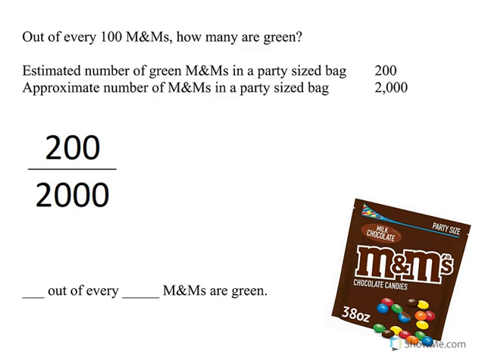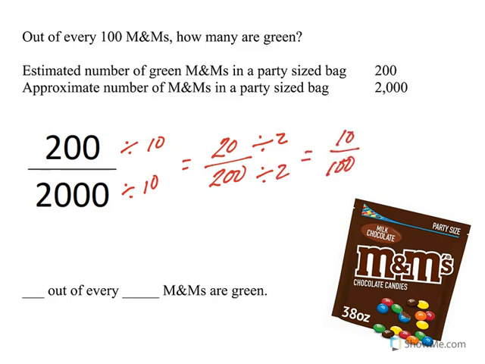I'm going to start by dividing both numbers by 10. This gives me 20 over 200. Now I need to divide both numbers by 2 so that my denominator ends up as 100. 10 out of every 100 M&Ms are green.